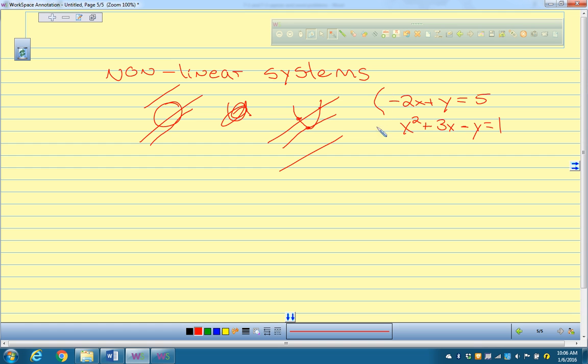And they say solve the system. Okay? Solve. And you could solve these just like you solved the other ones, either by elimination or substitution. Probably in this case.